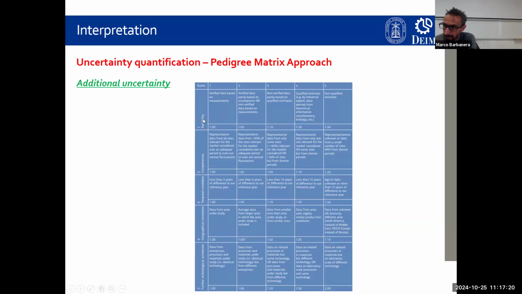You have 5 quality criteria for your data in terms of reliability, completeness, geographical correlation, temporal correlation, technological correlation. According to these 5 criteria, you have the possibility to define a score between 1 and 5, and so you can determine the square standard deviation for your parameter.